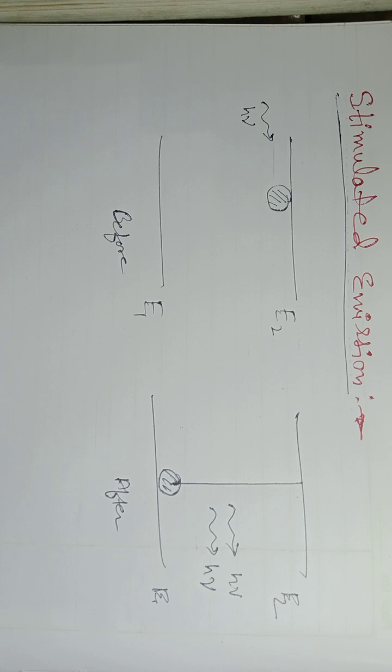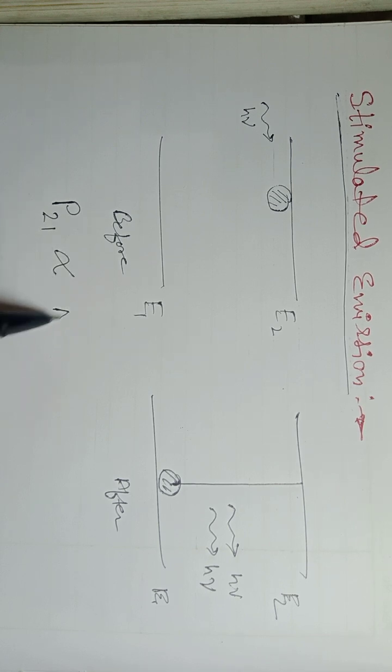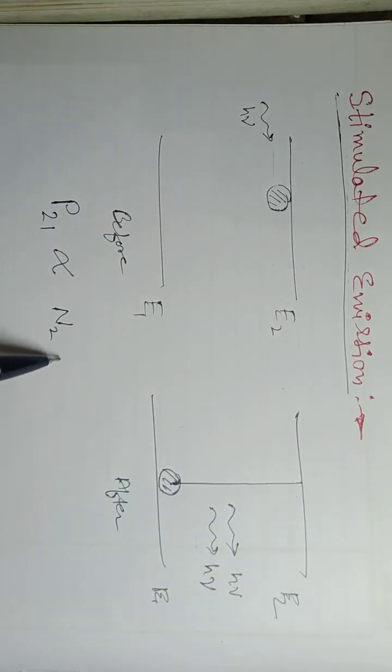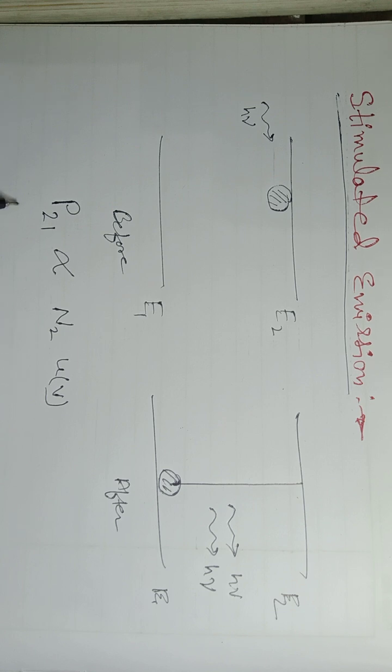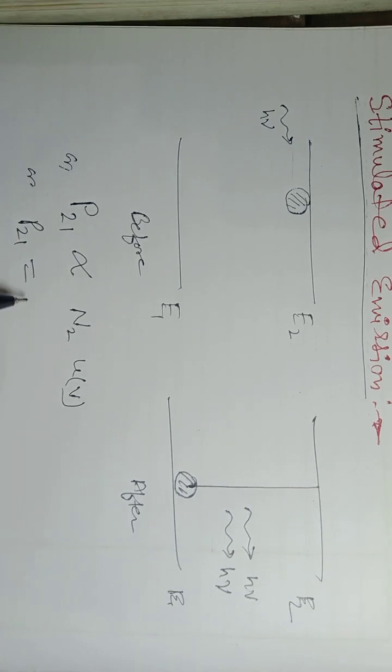And what about the formula of this stimulated emission? The probability of transition from 2 to 1 is directly proportional to the number of atoms present in the higher energy state and the energy density U nu of the stimulated radiation. After removing the proportional sign, we put a constant, called B21.